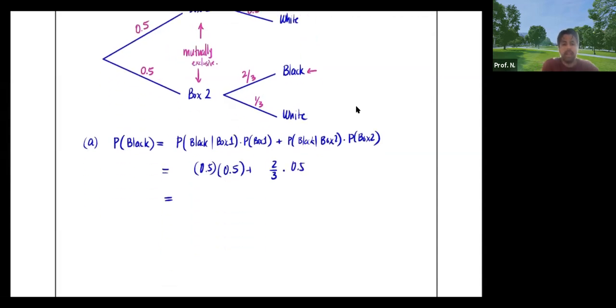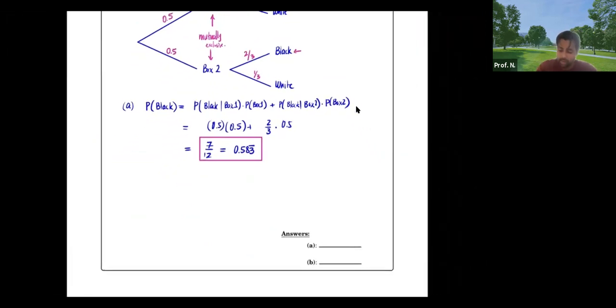When you multiply and add these up, you get the fraction 7/12, which is equal to 0.583 repeated. So that's my probability. 7/12. You can write that right here.